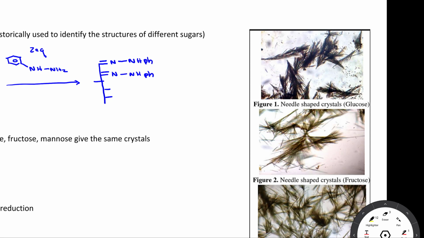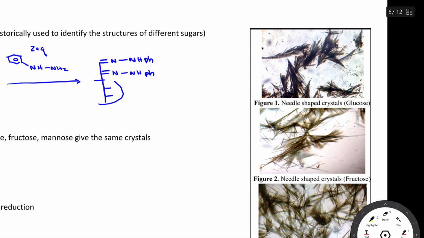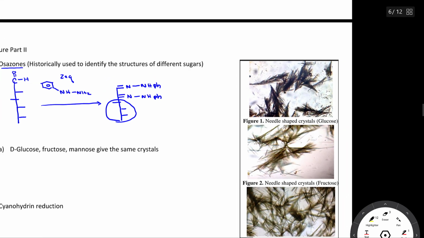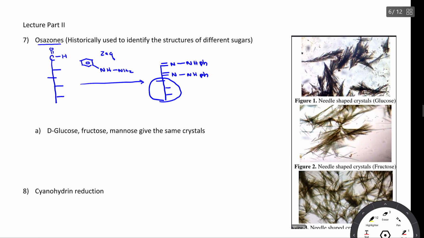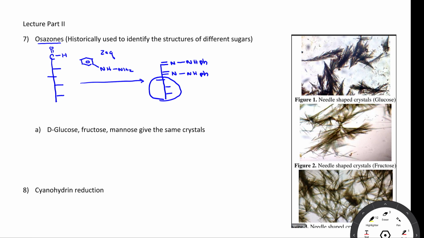The reason that glucose, fructose, and mannose give the same structures is because this part in each of their structures is the same. And so one of the ways that this information was used in identifying the structure of glucose and mannose, both being the aldose sugars, was that the osazones were the same, so they knew parts of their structure were the same. And we'll get to that when we talk about Fischer's proof.